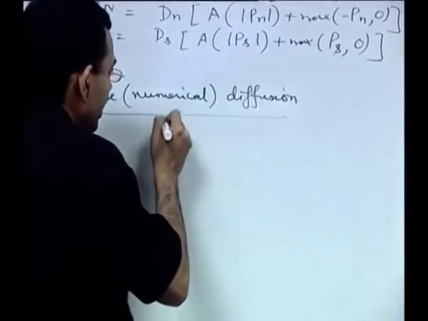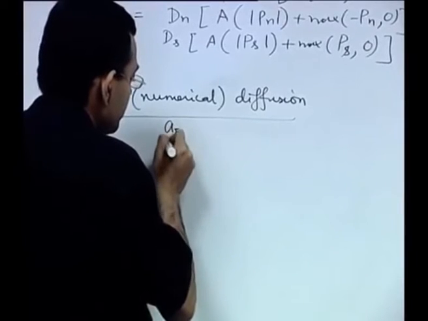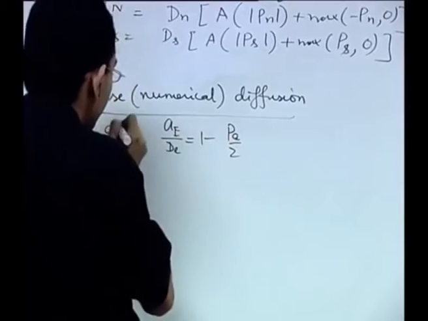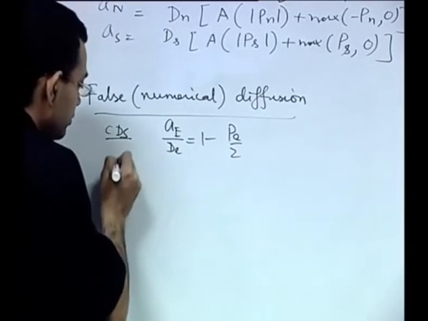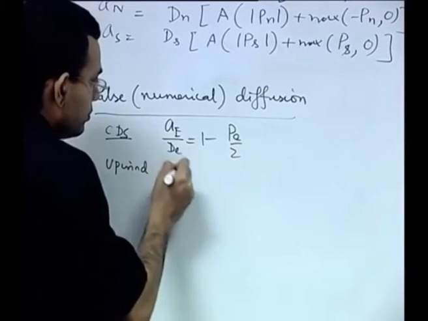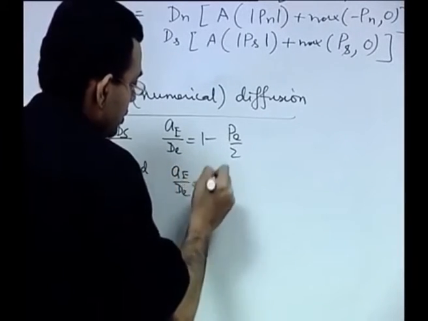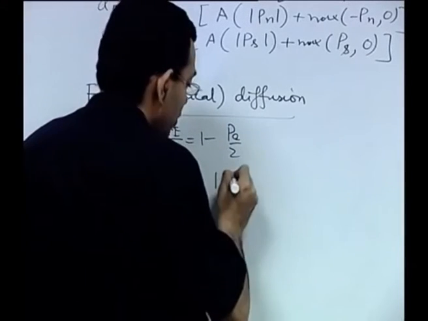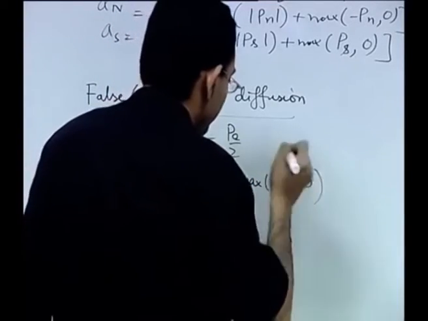Remember that in the central difference scheme A by D is 1 minus P by 2. In the upwind scheme A by D is equal to 1 plus max minus P, 0.